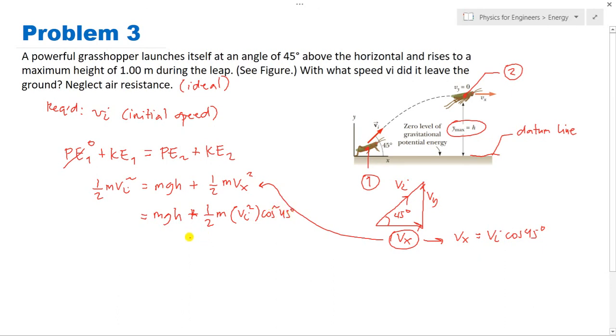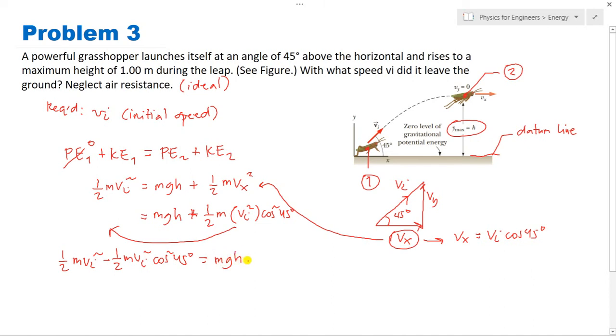Okay, so what we need to do is combine the vi terms, so we move it over. We now have 1/2 m vi squared minus 1/2 m vi squared cosine squared 45 degrees is equal to mgh.